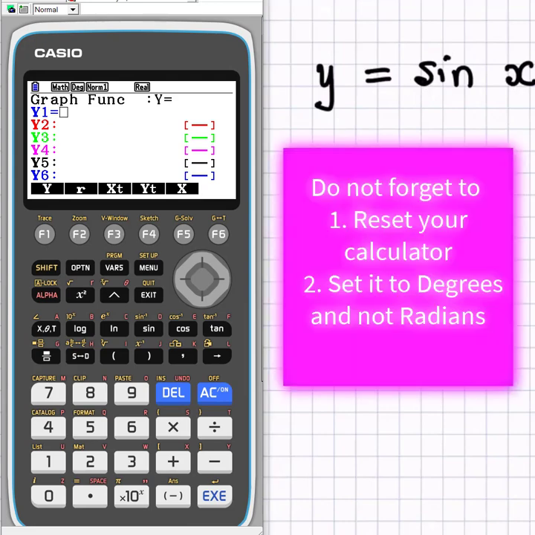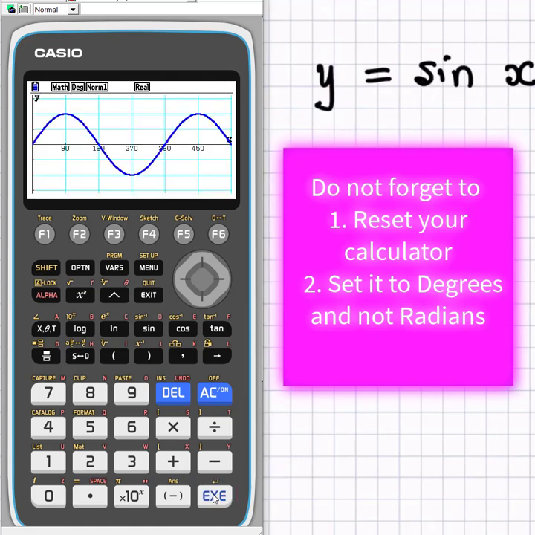You want to type sine x. Sine is in the middle there. You press sine and then press x. Now you press execute and press execute again. It gives you the graph.